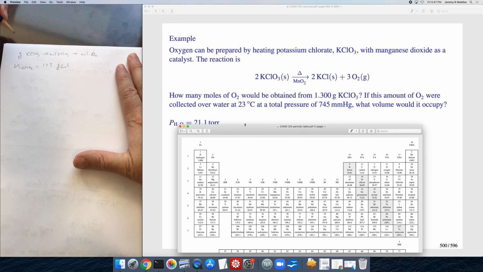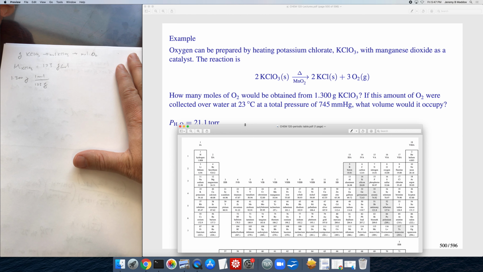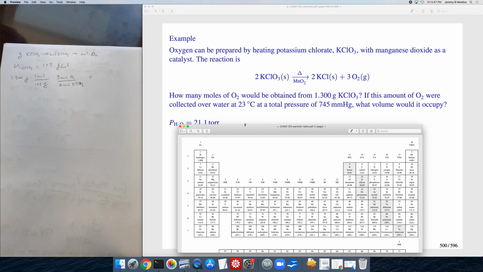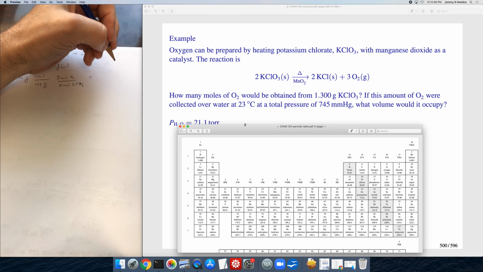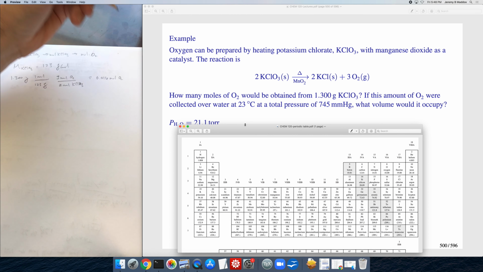So starting with 1.300 grams, then we have 3 moles of O2 for every 2 moles of potassium chlorate. So I'm getting 0.016 moles.